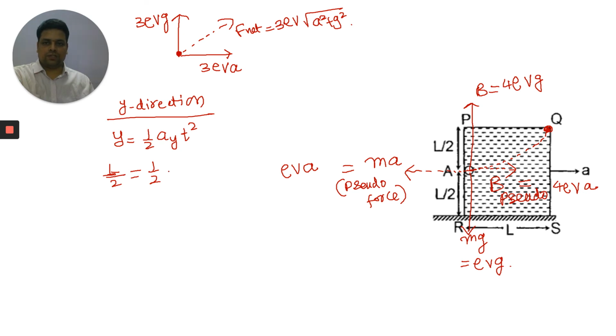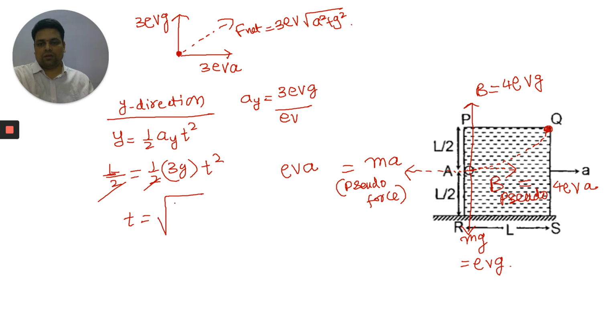For a_y, the force is 3ρVg, and the mass of the ball is ρV. So 3g t². You can cancel 2 on both sides, and you would have t is equal to root of L by 3g. This is the time taken to reach Q.